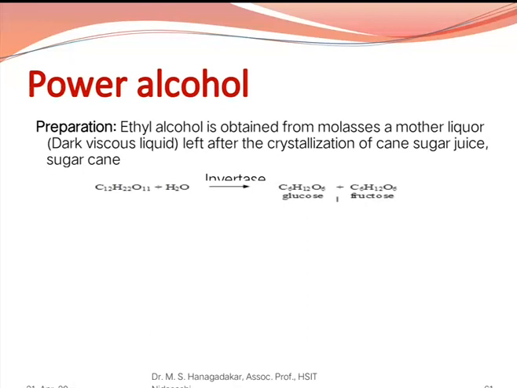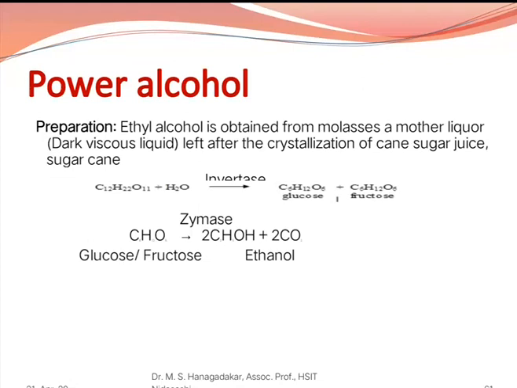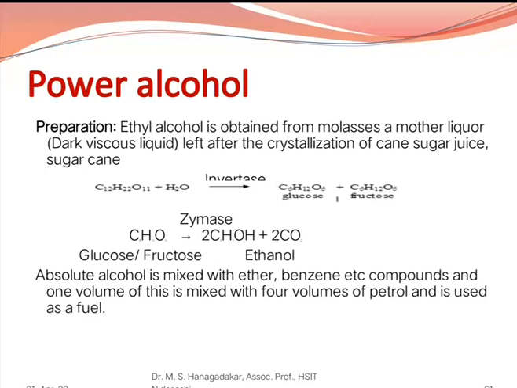We get two simple sugars, glucose and fructose. Further, these glucose and fructose are decomposed in the presence of zymase enzyme present in the yeast, leading to the formation of ethanol, that is ethyl alcohol, with the formation of carbon dioxide gas.